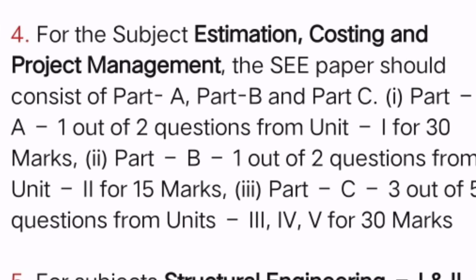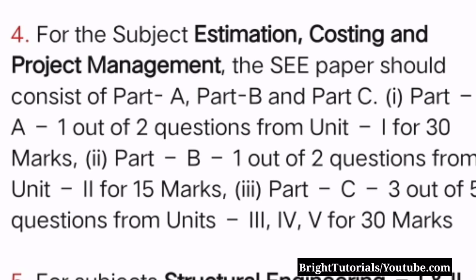And if you talk about a subject like estimation, costing and project management, the paper will consist of 3 parts, part A, part B and part C. In part A, there will be 2 questions asked from unit 1 for 30 marks. Out of these 2 questions, you have to answer only one.